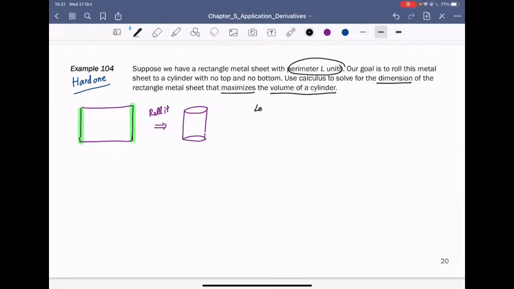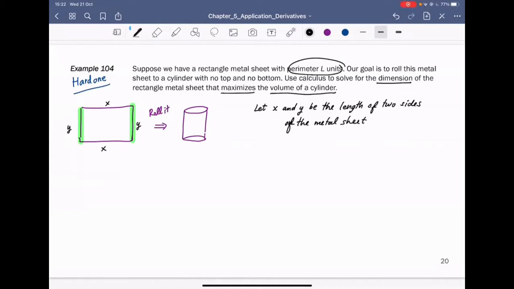So I'm going to let X and Y be the lengths of the two sides of the metal sheet. So I'm going to let this be X, X, Y, Y, right?